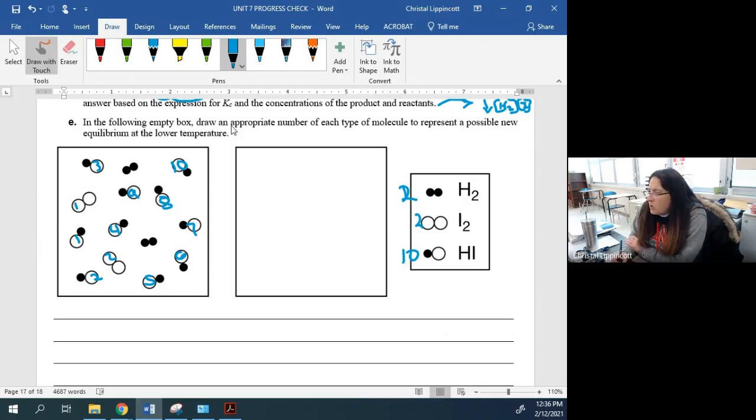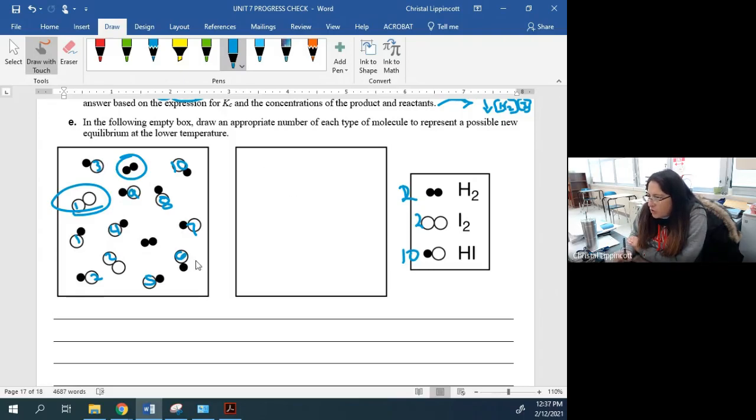Okay, so we're lowering the temperature. We've said that we're going to produce more HI. So what they want us to do is draw an appropriate number of each type. So we're going to take one of these, and we're going to take one of these, and we're going to form them into 2 of these.